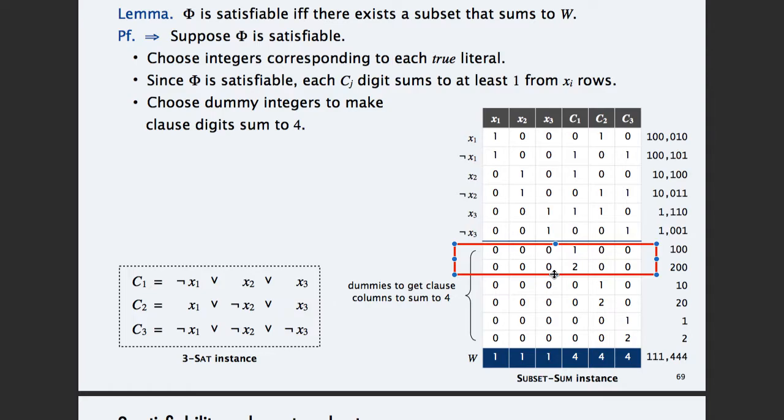So what does that mean? I need to choose at least one of those, because if not, I could only reach 3. But I can choose either 1 or 2 or 3 of the rows that match this clause. Does this idea make sense? Do you see how it works?